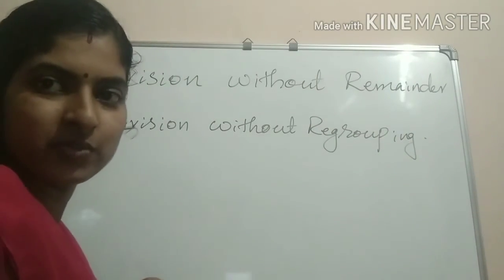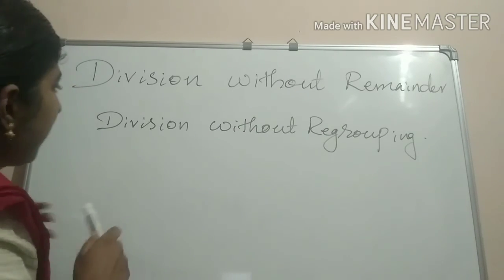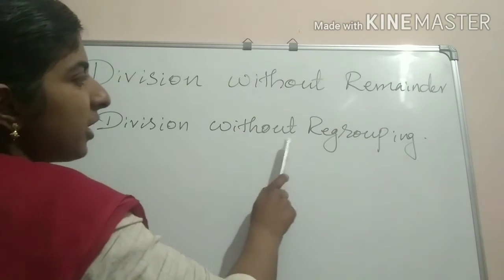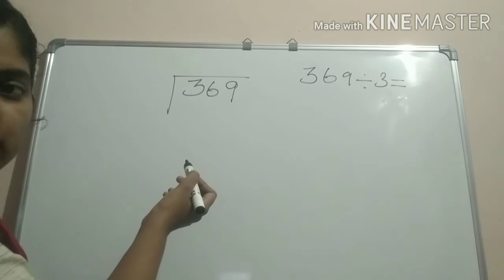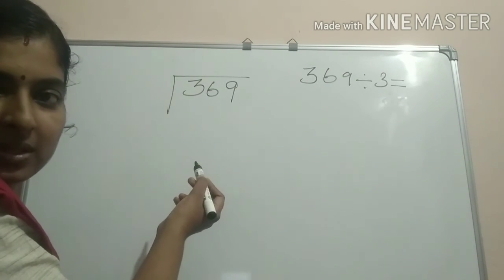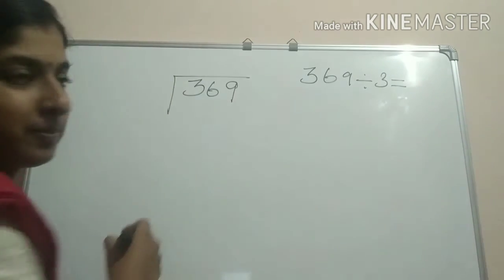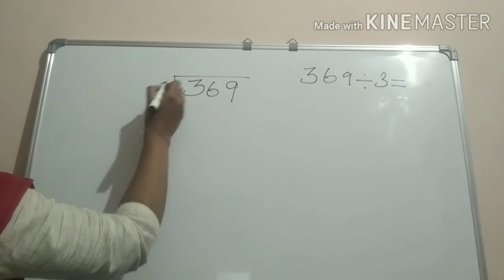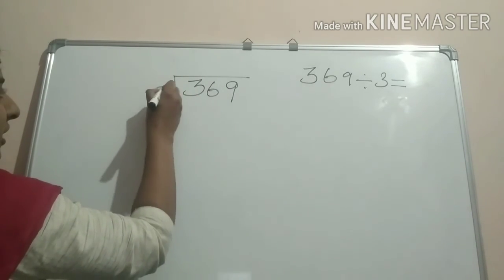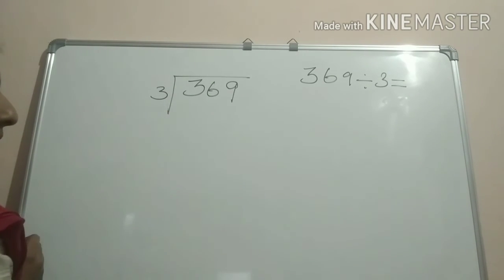Next heading is division without a remainder. Subheading, division without regrouping. See the first question, 369 divided by 3. Here dividend is 369, divisor is 3.